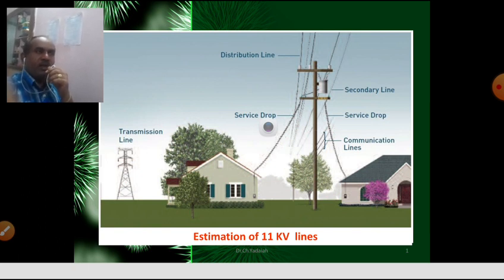Now in this class we are going to do simple calculations for a given length of line. How many poles are required, how many cross arms, conductor size, length, insulators, different accessories for a line. We are going to estimate the quantity of the materials and we will prepare one schedule.